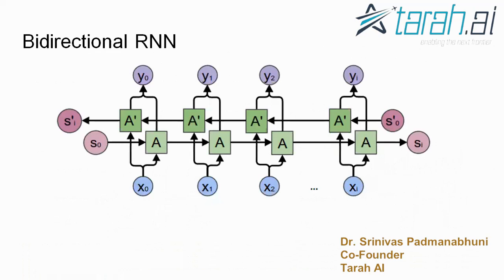So if you see, this is the expanded version of the bidirectional RNN. If you actually view one pass, which is say S0 to S1, it is very similar to what you have as a single directional RNN.